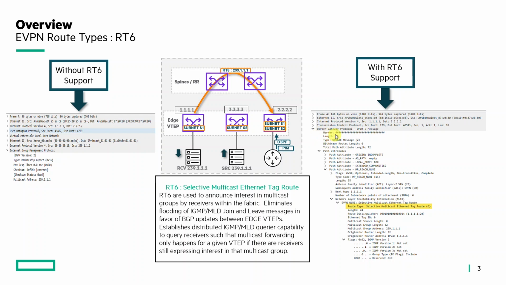There you see the BGP header right there. So this eliminates the flooding that we had previously, and it establishes better multi-vendor support with other VTEPs in the environment that may not be AOS-CX. So multi-vendor use cases are now supported with a standards-based approach as opposed to the proprietary approach we had before.